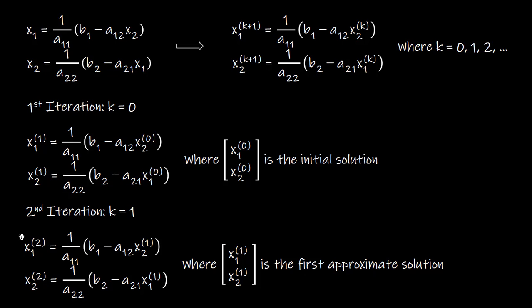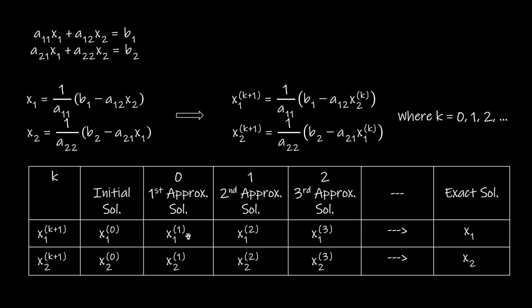Similarly, the second approximate solution can be utilized in the third iteration by taking k equal to 2 in this iterative scheme to find the third approximate solution. We can carry out this iterative procedure until we get the required approximate solution. As you can see from this table, as we take the successive values of k, we are getting a sequence of approximate solutions starting from the initial solution.